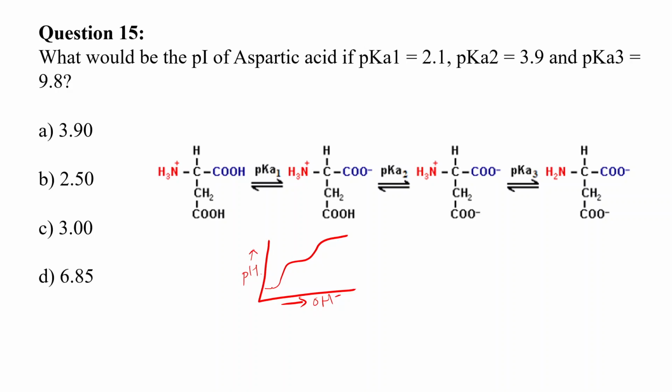If I keep on adding base, after a certain point protons will dissociate, and when there is no more proton left, there will be a sudden increase in the pH till the next pK value is reached. Once the next pK value is reached, again protons will be released to neutralize the base. Once all the protons are consumed, there will be a sudden increase in the pH again until the next pK value is reached. So these are basically the pK values at each stage.